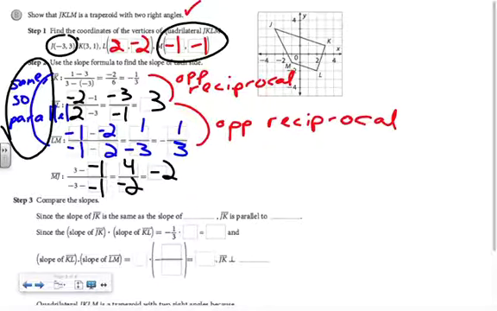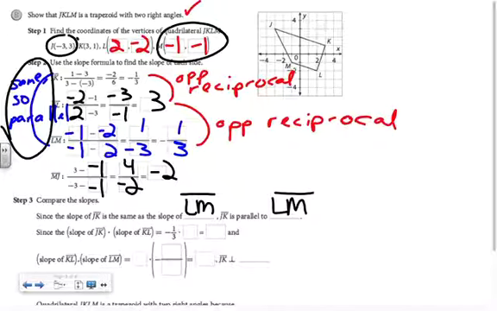We saw that here. So let's fill in the blanks. Since the slope of JK is the same as the slope of LM, JK is parallel to LM. We talked about that earlier.